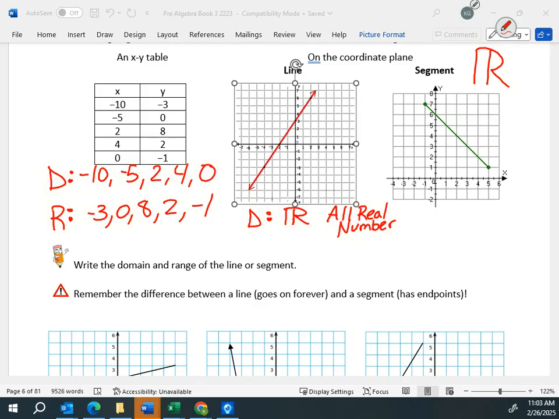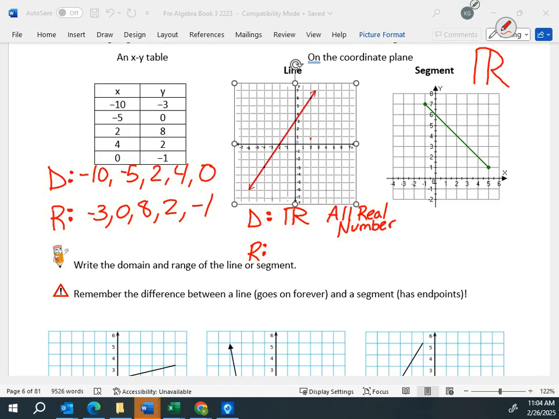Every possible number. That line crosses all of the X's, right? We know it's at 0, 1, 2, 3, 4, 5, all on and on and on. Same with the negative numbers. It covers every number, so all real numbers. So now we look at our range of a line, and it's going to keep going down, it's going to keep going up.